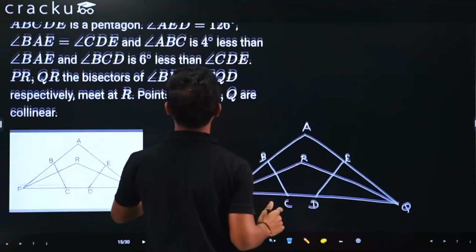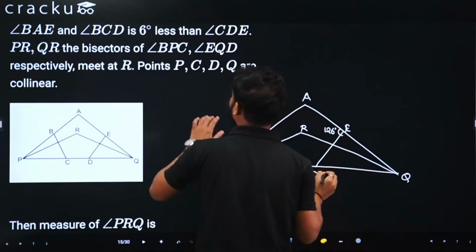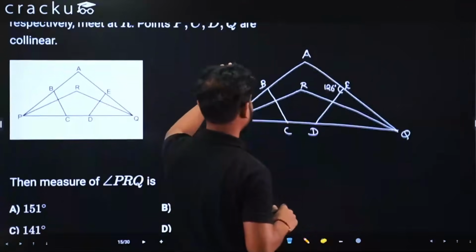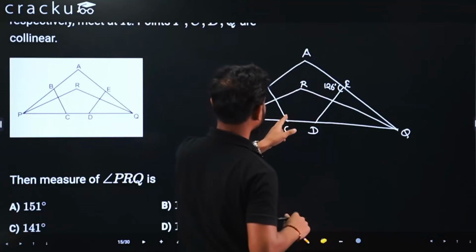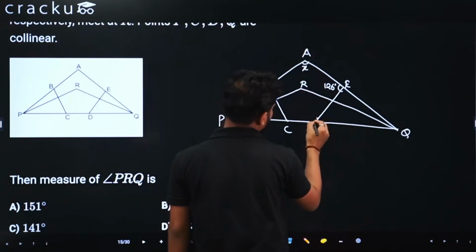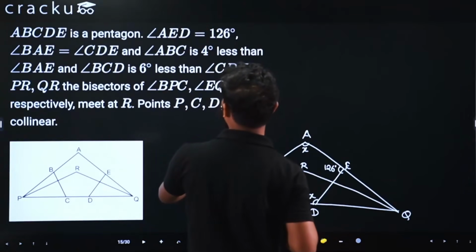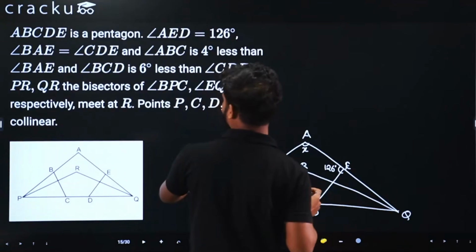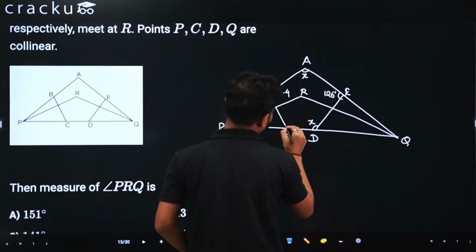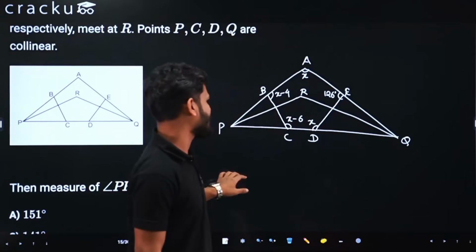AED is 126 degrees. Then BAE equals CDE. Let us say this is X, so this will also be X. Then ABC is 4 degrees less than BAE, so ABC will be X minus 4, and this will be X minus 6 according to the condition given.